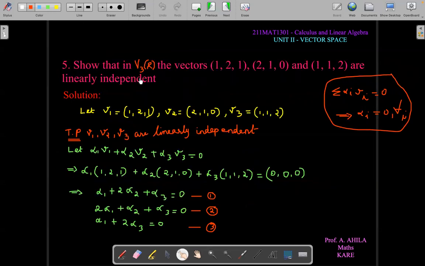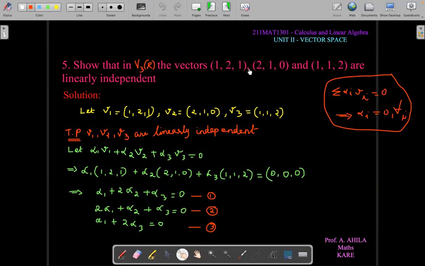Now the problem: show that in V3 of R, the vectors (1, 2, 1), (2, 1, 0) and (1, 1, 2) are linearly independent. You know, V3 of R means it is a three-dimensional vector space. That is, every element will be in this form. Okay. So each entry in this point will be a real number.